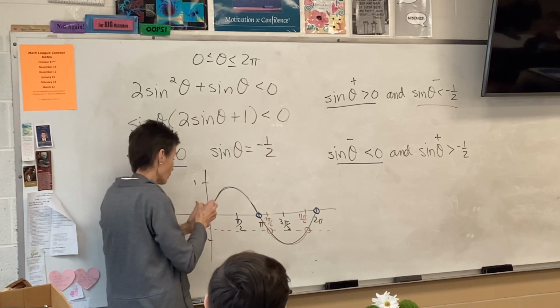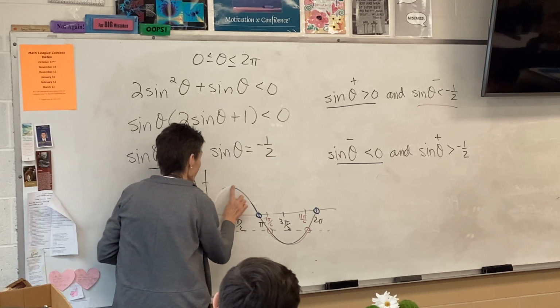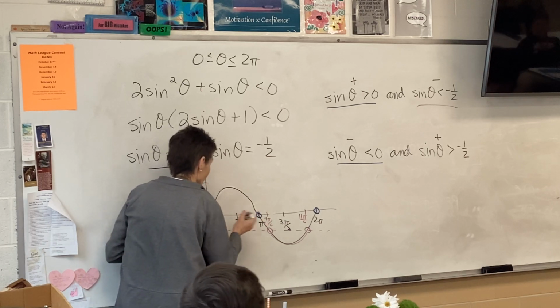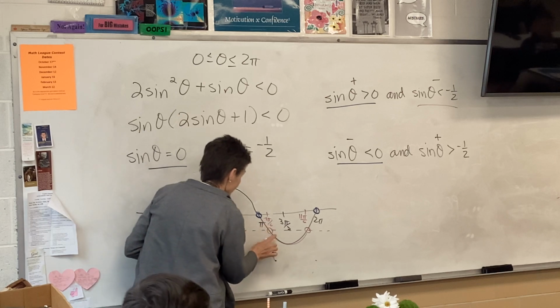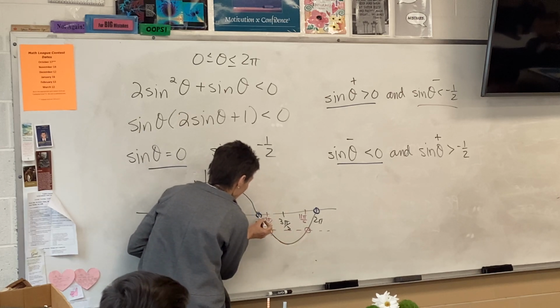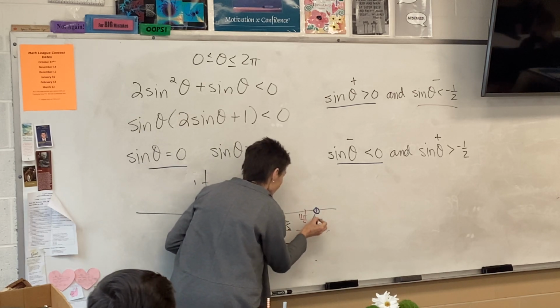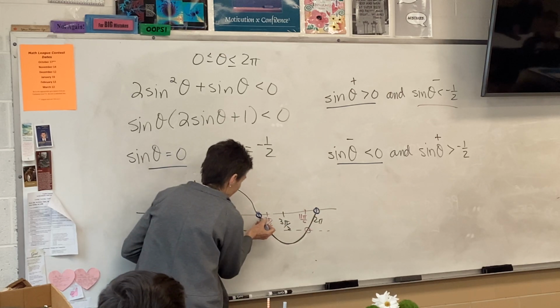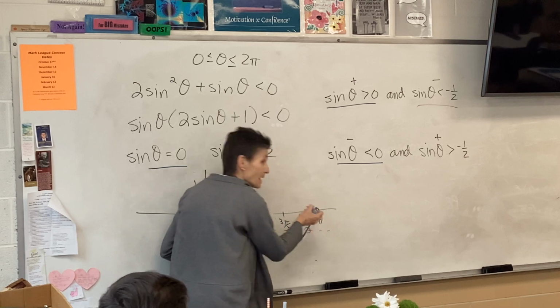All right, what about the other one? What if I want my sine to be less than 0? So that would be this right here. Everybody with me? That's where my sine is negative.